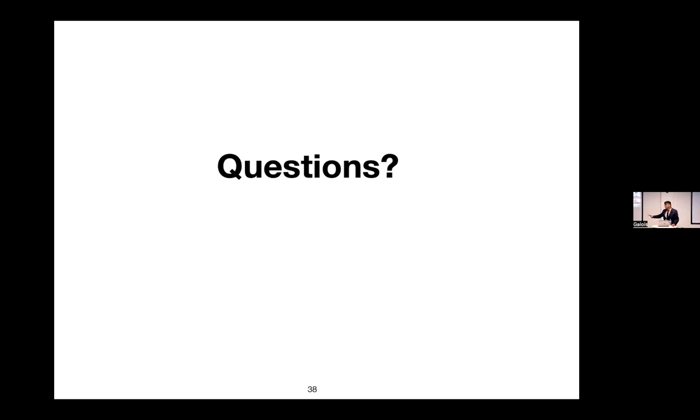Long answer short, I just based this implementation on the paper that was provided.